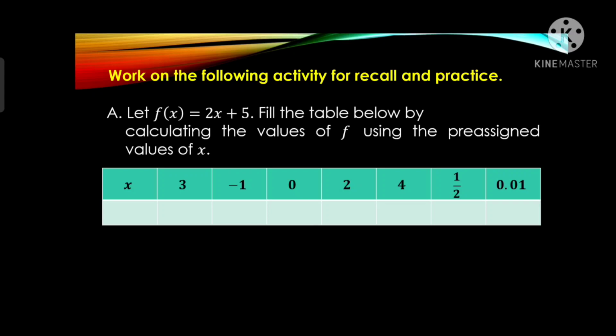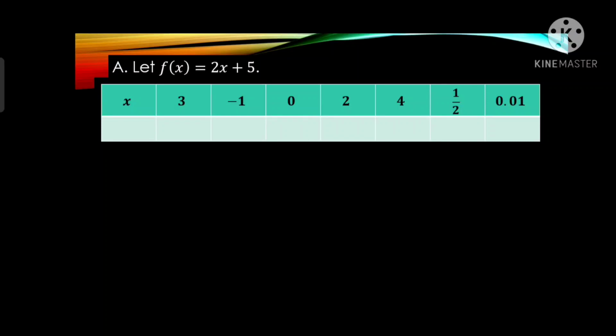Okay, so there are some pre-assigned values for x: 3, -1, 0, 2, 4, 1/2, and 0.01. So let us solve for f of x given the values for our x.